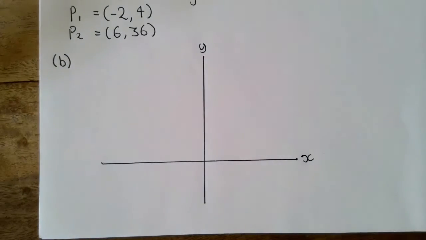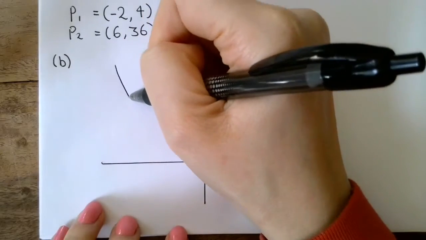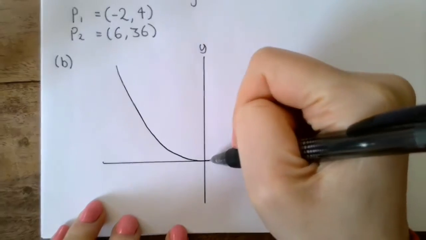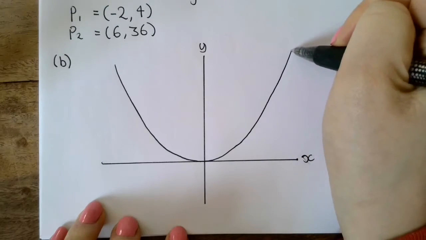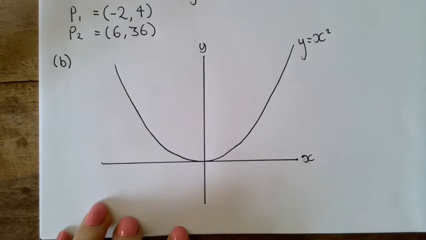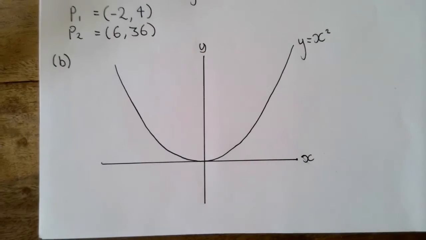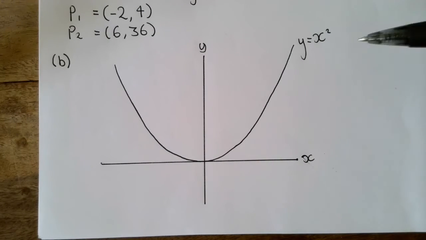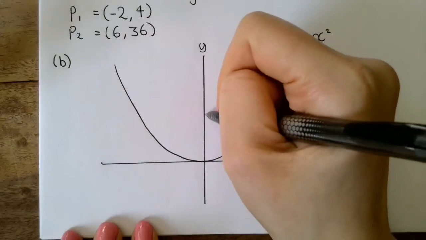I'm going to start by drawing the graph of y equals x squared. So that is our x squared graph, our quadratic graph. And then we've got y equals 12 plus 4x. So that is a linear graph that has a y-intercept at 12.